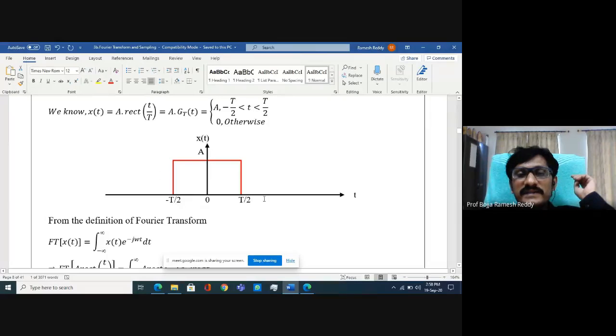That's why this signal is discontinuous at t is equal to T by 2. Similarly, at t is equal to minus T by 2, the right limit is A and the left limit is 0. Therefore, this signal has two discontinuities: one at t is equal to minus T by 2, another at t is equal to T by 2.